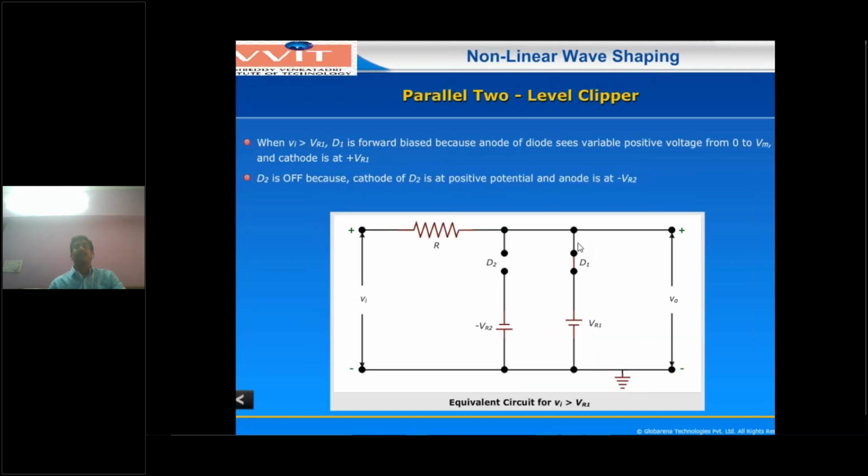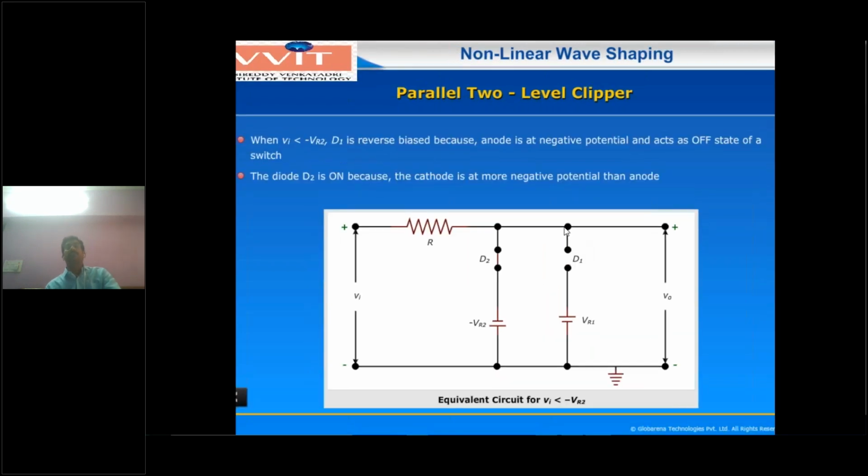Now for this second condition, D2 acts as a short circuit, D1 is off, and VR1 is inactive. The output voltage is parallel to minus VR2. That means when the input voltage is less than minus VR2, the output voltage is equal to minus VR2.